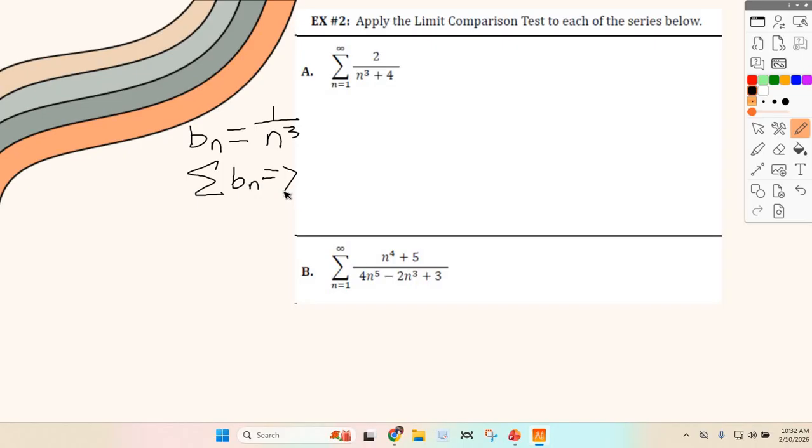What I don't understand is that the 2 on our original function makes you think that it's bigger. It makes me think that A of n is going to be greater than B of n.